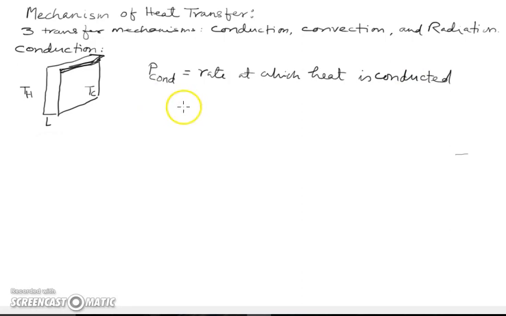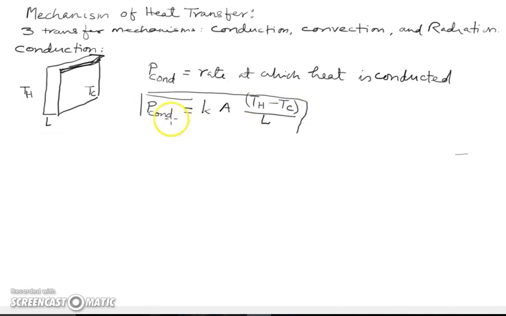So this will be given as K A TH minus TC over L. So P conduction is given by this expression here.